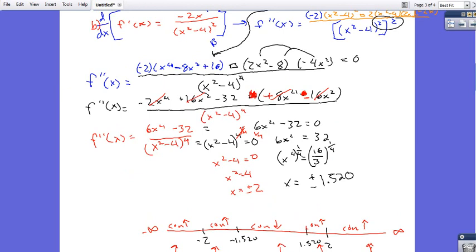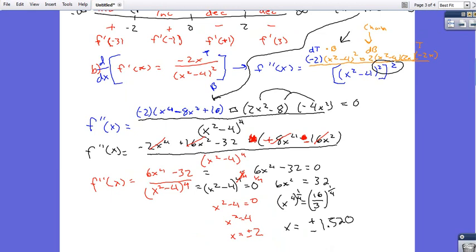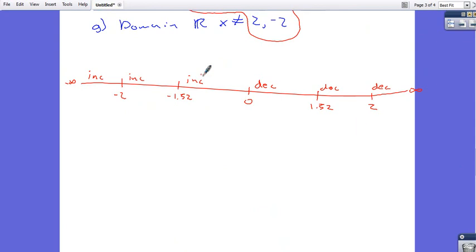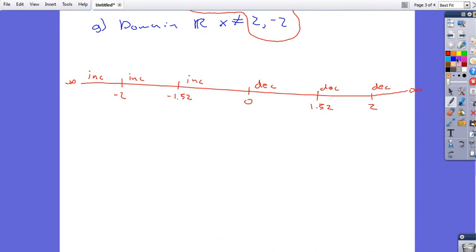I have a sneaky suspicion that I did something wrong. Alright, so we're concave down right here. So increasing concave down. Oh, concave up right here, and then concave down right here, and then concave up.